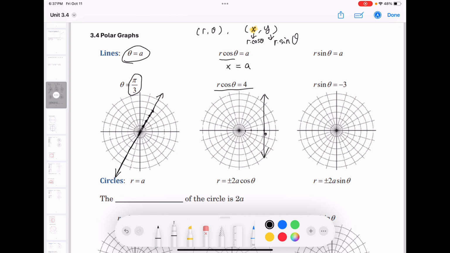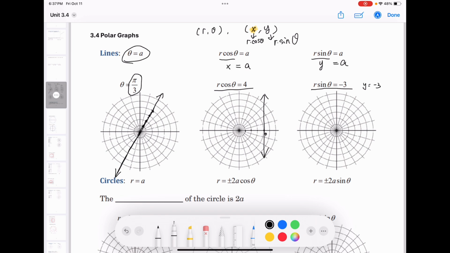Let's see the next example. If I have r times sine theta is equal to a, that also means y is equal to a. So y is equal to a is a horizontal line. If I say r times sine theta is equal to -3, that means y is equal to -3.